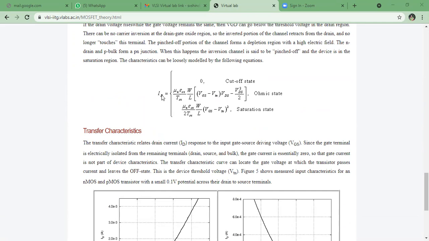When ID is linearly proportional to the drain to source voltage or gate to source voltage, then it is in the ohmic region, or we can say the linear region. And this is the value of ID current in the saturation region. So this is the equation of the currents.